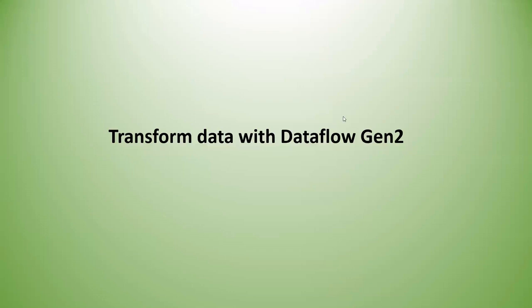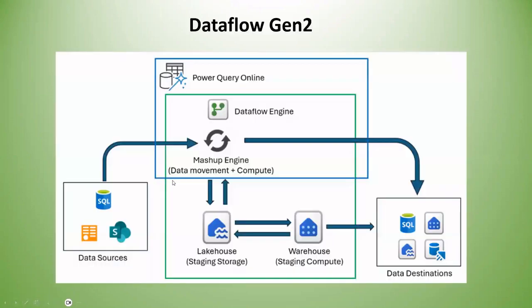So now that we have raw data available in our Lakehouse, the next step would be to perform some data transformation with the Dataflow Gen2 engine in Microsoft Fabric. So what is Dataflow Gen2 exactly? Basically, Dataflow Gen2 is the new generation of Dataflow in Microsoft Fabric. It's the next version of Power Query in the Power BI experience that we used to use.